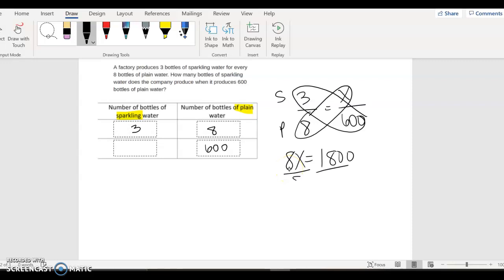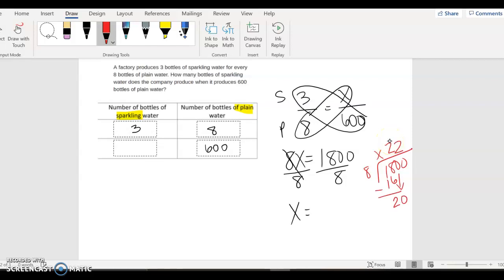To get x by itself, we divide both sides by 8. And then we can do top in, bottom out, divide. 8 will not go into 1, but it will go into 18 2 times. That gives us 16. Subtract, we have 2 left. 8 into 20 goes 2 times.